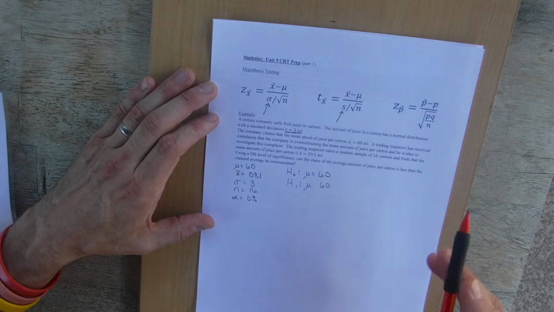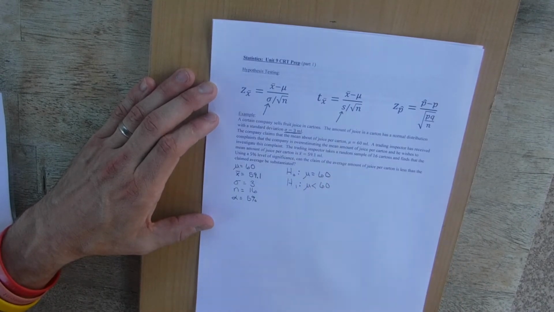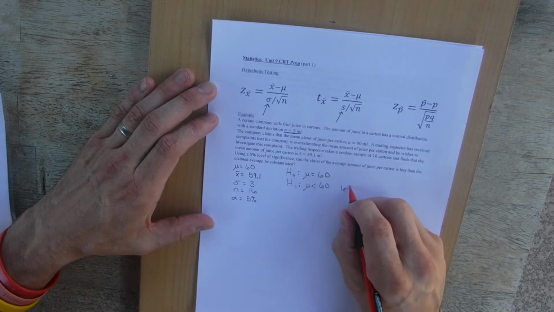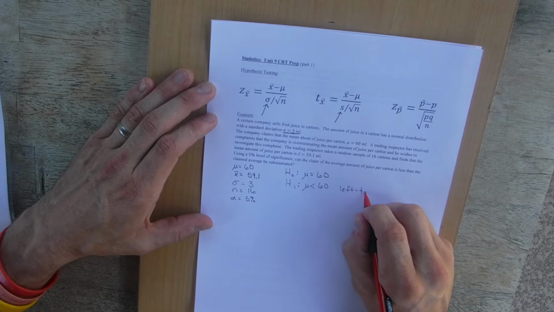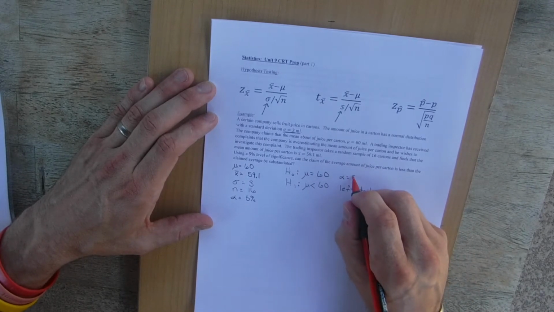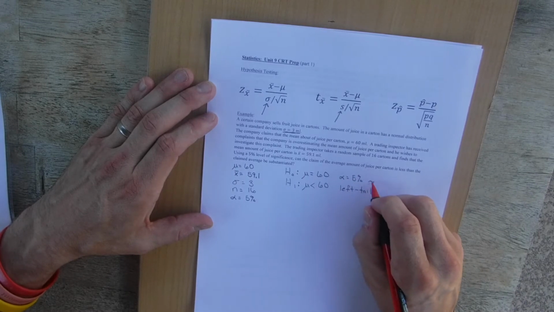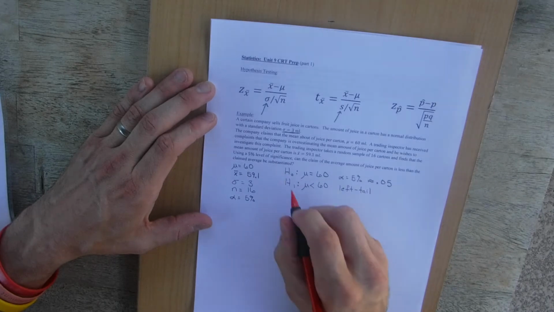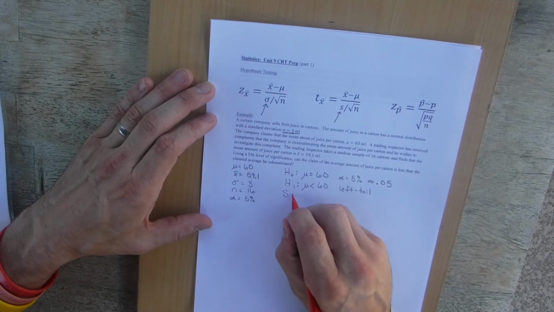Well, is the average less than that? This makes it a left tail. Kind of think of it as an arrow. And the level of significance, that alpha, was 5%. Okay, this is a standard normal.